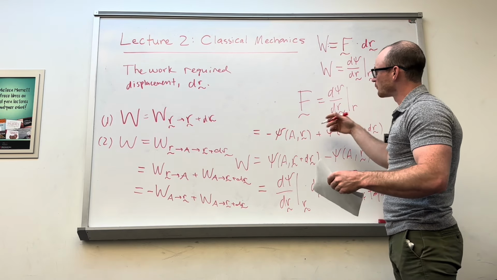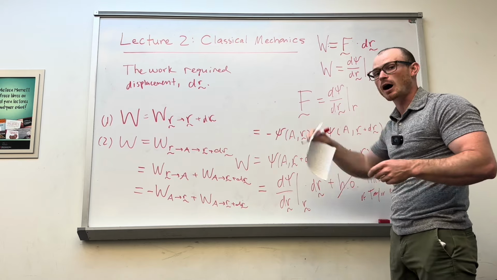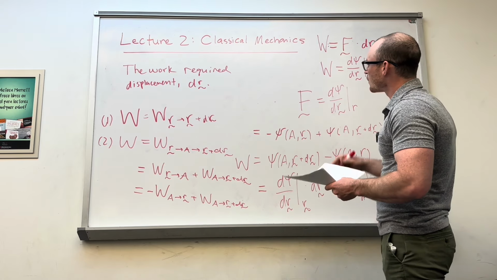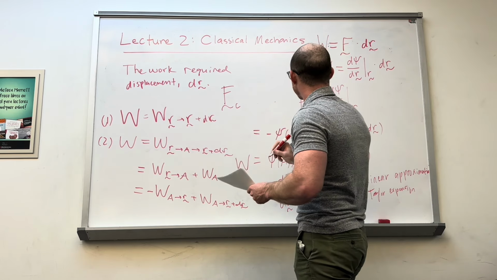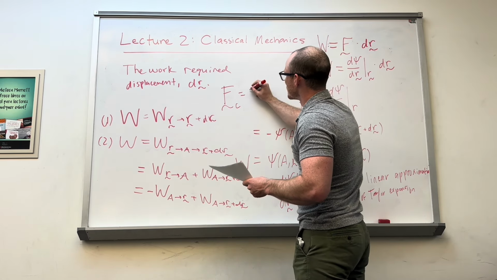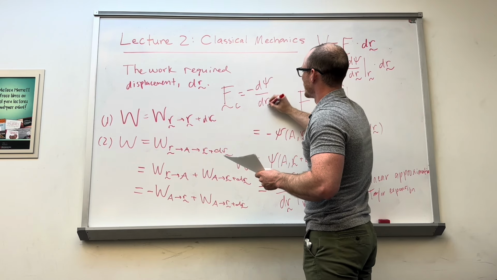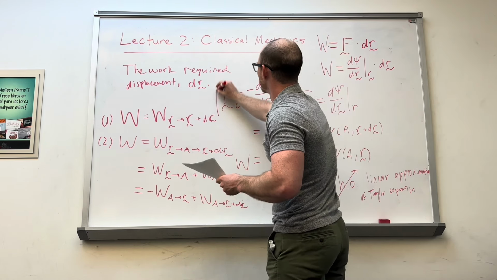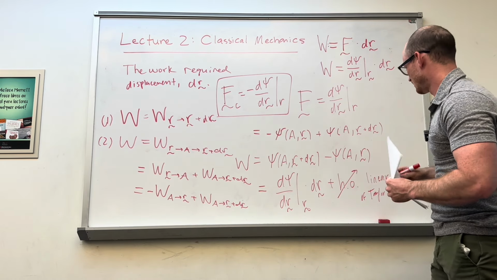So, the true force that the field is exerting on the particle is in the opposite direction. So what we can actually do is write that this conservative force here is equal to the minus derivative of psi with respect to r. And this is a really important equation.